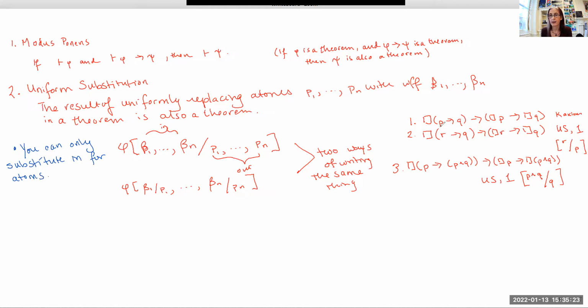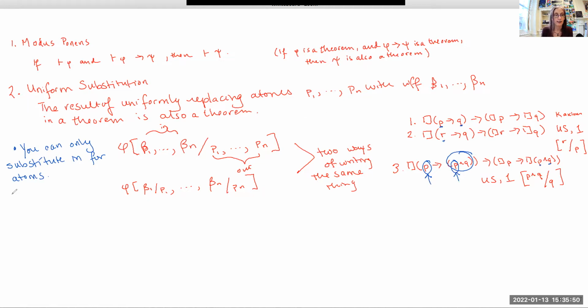So I can change this P and this Q and this R and this P and this Q. But for instance, I couldn't take this entire formula and substitute it out. I can substitute it in, but I can't substitute it out. Once I have that, then this P and this P are the same atoms. So any substitution would have to happen at the level of the atoms. So that's the first one.